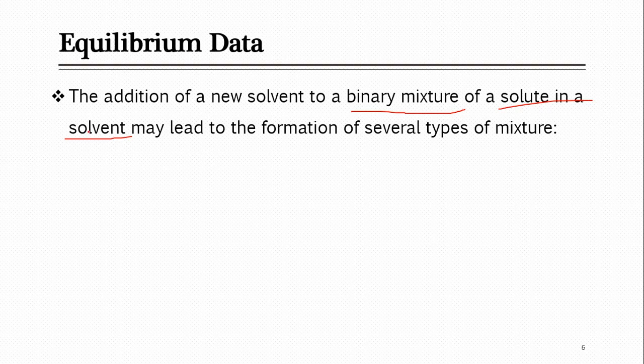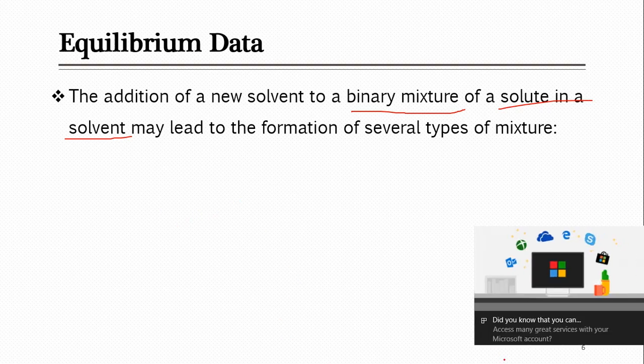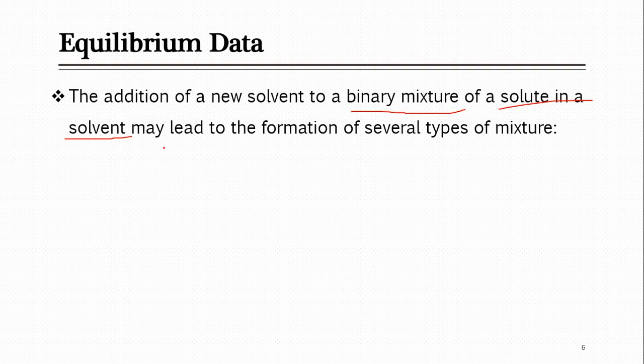Suppose you have water that contains acetic acid, and now you have to remove the acetic acid. We discussed this example in the first week, if you remember. So water contains acetic acid, and we have to remove acetic acid from water. We introduce some external solvent, in that case some alcohol, I think, and we removed the acetic acid with the help of that.